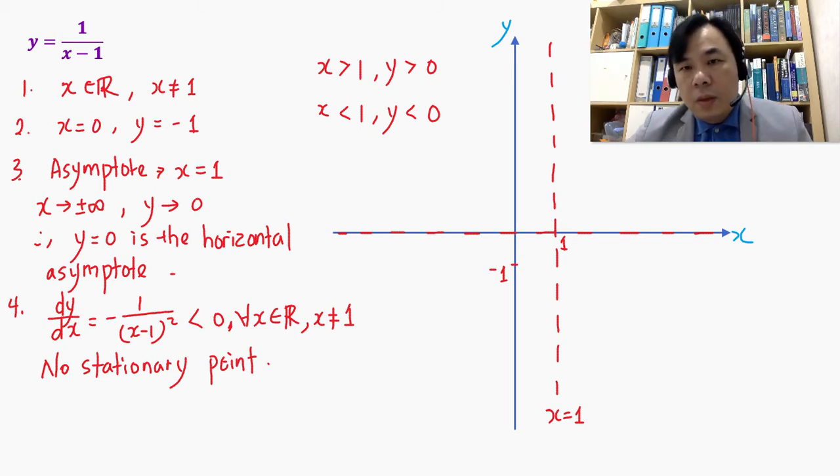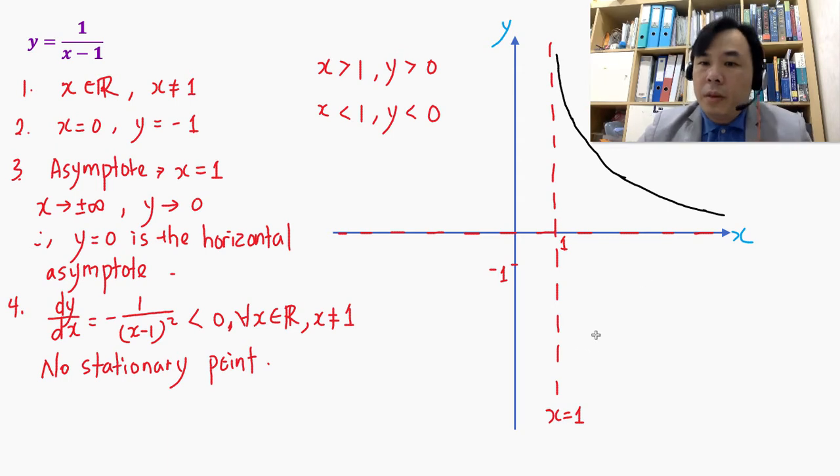So the first part of the graph definitely is going to come down here. All right, and there you have it, approaching. And then next, we also have the other part of the graph here.